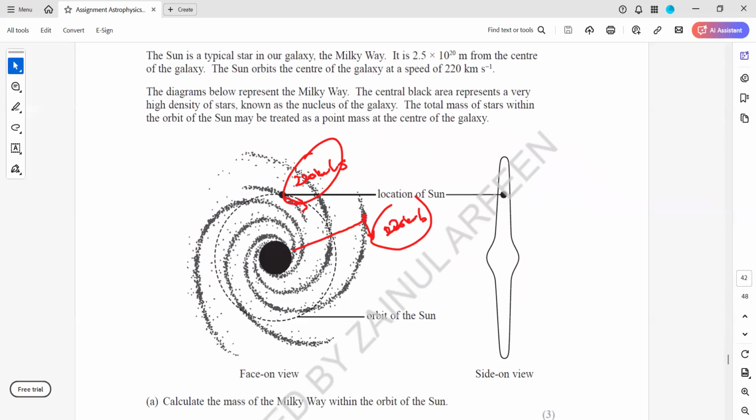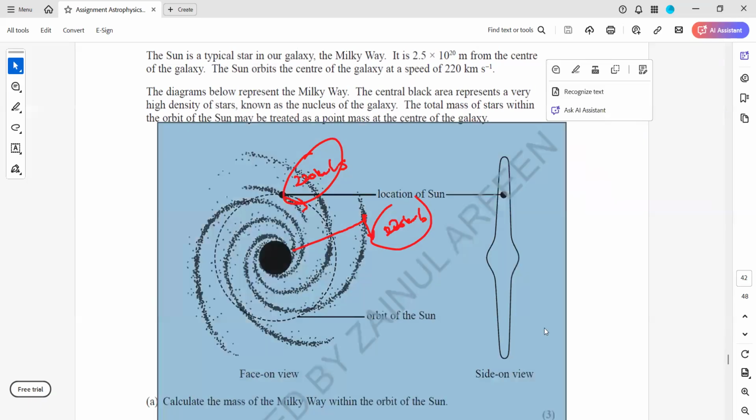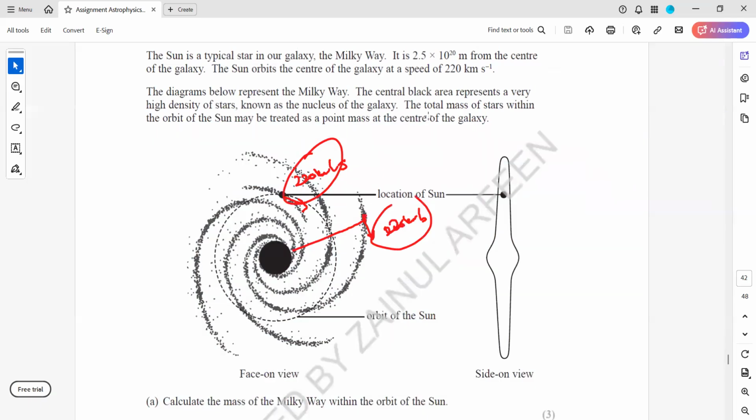The reason is that the mass we calculated may not be correct. There might be dark matter, the matter which we cannot observe, which we call dark matter. Because of the presence of dark matter, what might happen?